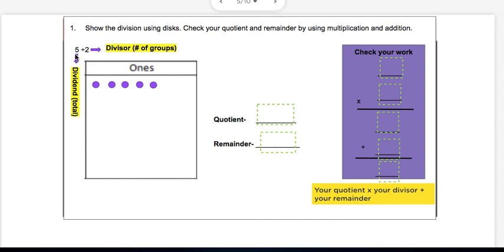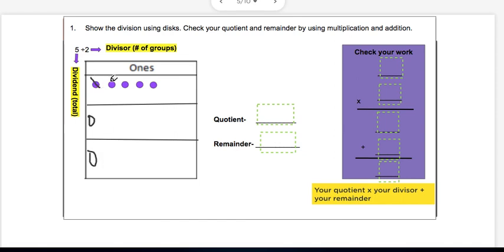For review, we are going to do 5 divided by 2, and then we're going to get right into our next problem. Remind me, how many groups am I breaking my place value chart into? Absolutely, 2 groups, because I'm looking at my divisor, my smaller number, to see how many groups I'm breaking it into. And then we're going to start distributing our discs. Don't forget to cross them out.